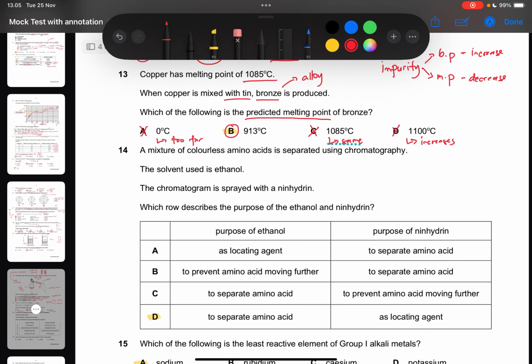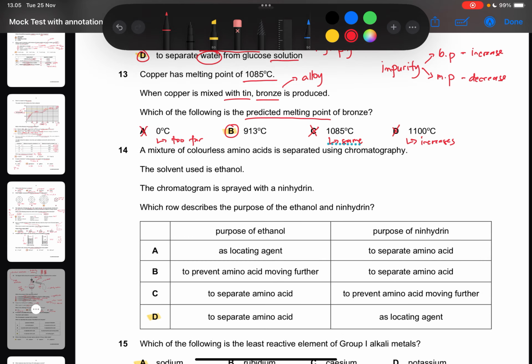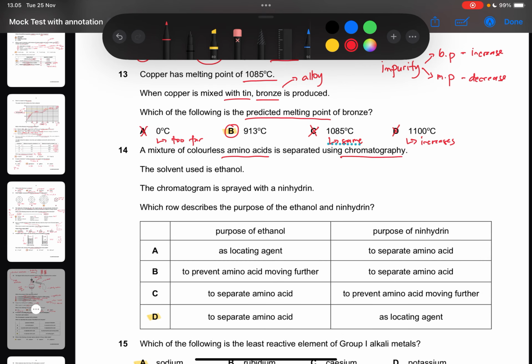Question number 14. A mixture of colorless amino acid is separated using chromatography. The solvent used is ethanol. Now remember the formula for ethanol, which is C2H5OH.